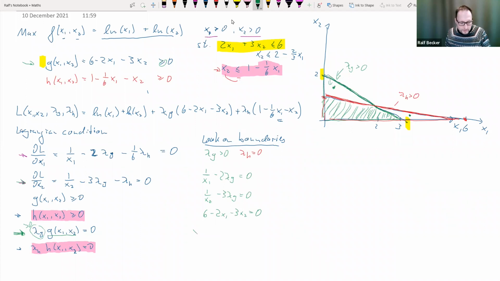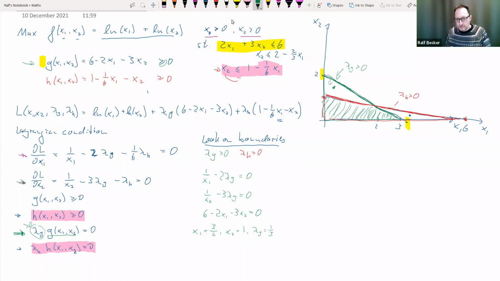We get to a point where x1 is equal to 3 over 2, x2 is equal to 1, and lambda g is equal to a third.